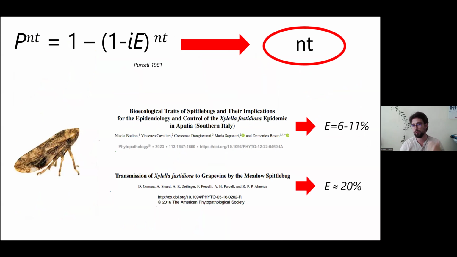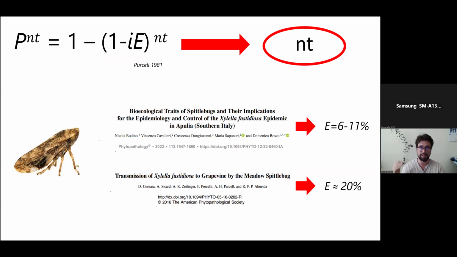This is a problem, for example, if we look at the Purcell equation presented in a paper in 1981. The probability of Xylella being transmitted depends on four main factors: the vector infectivity, the transmission efficiency, plus this NT, which is a combined factor, the number of vectors on a host plant per the time that these insects spend on the host plant.